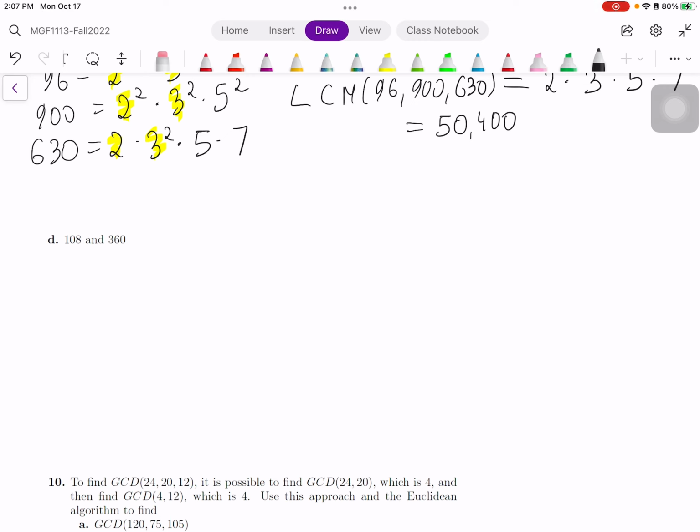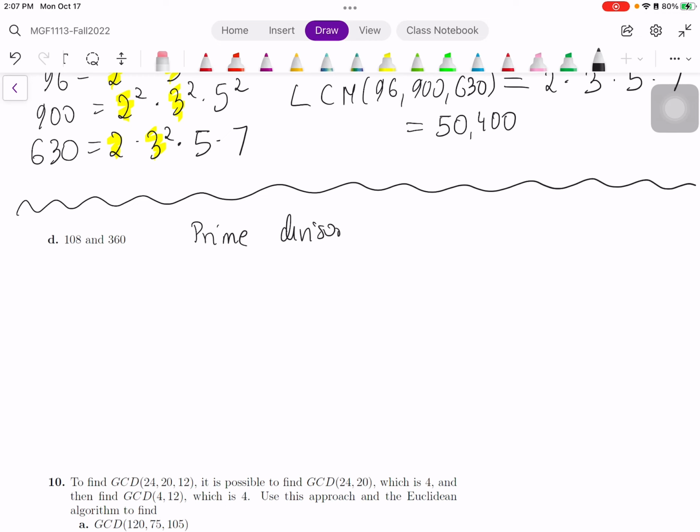Okay, 108 and 360. Just to change, I know the problem here says use prime factorizations, but I'm going to go with prime divisors. Just changing to do things a little bit, to remind you of this other method.